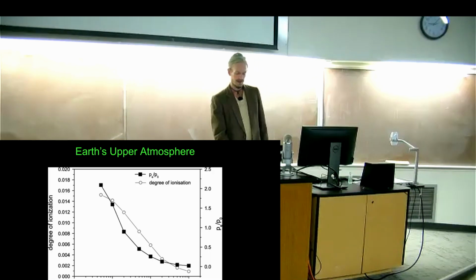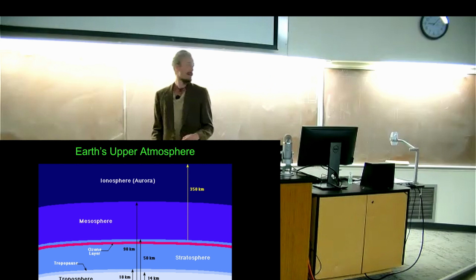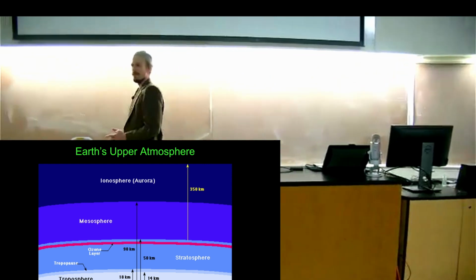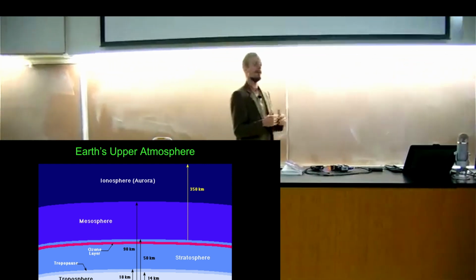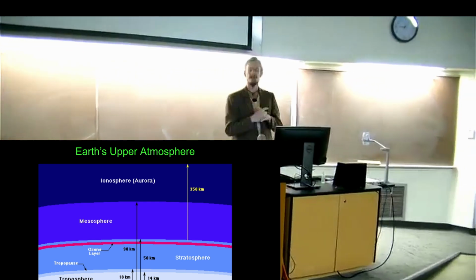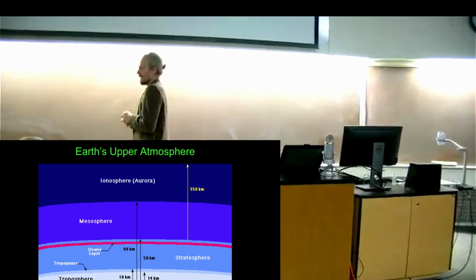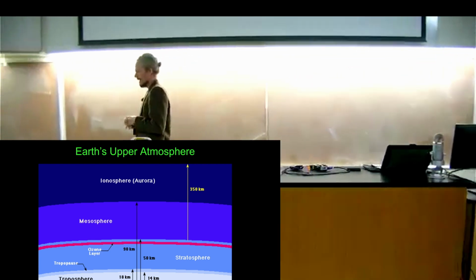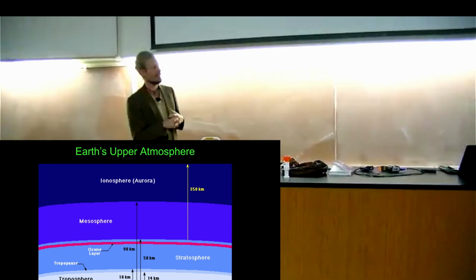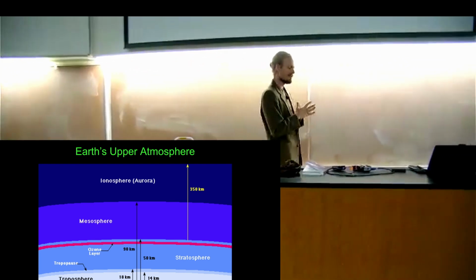All right, so now I'm going to take just a minute to talk about the ionosphere, which is one of the frontiers of our exploration in terms of understanding our own climate, in terms of understanding how the sun interacts with us, how the sun helps our weather systems or hurts our weather systems.